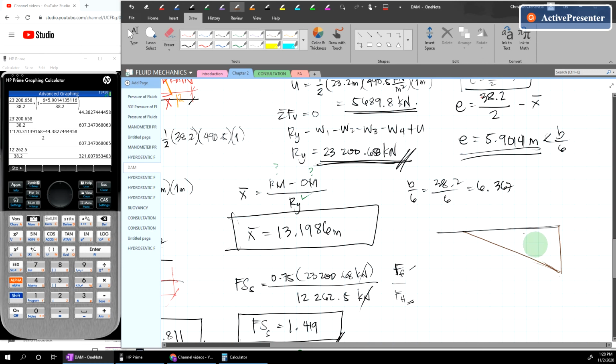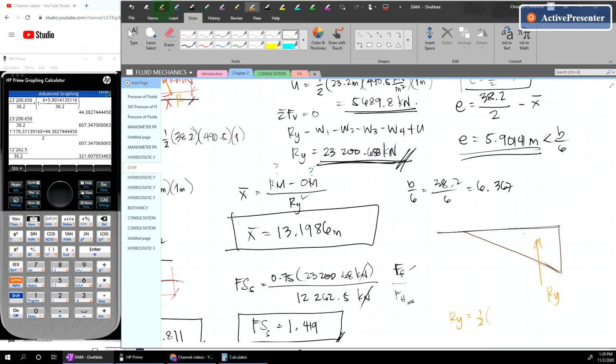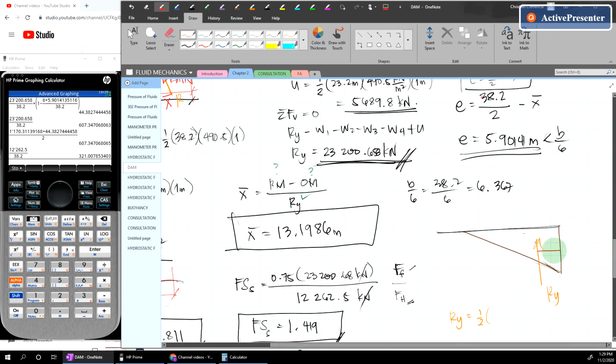Okay? So, ito yung RY. So again, RY is equal to yung volume nitong triangle na to. So which is 1/2 yung base natin. So since this is triangular and ito yung location, ito yung X bar natin, di ba?